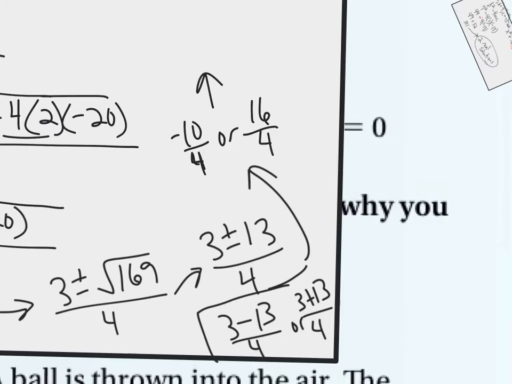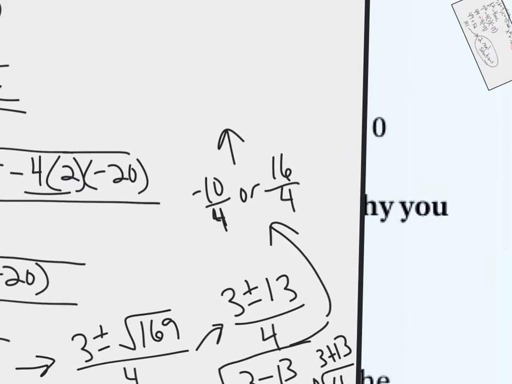I apologize, I'm kind of all over the place with this, but then if you divide that out, you could just reduce it: it's negative 5 halves or negative 2.5 if you want. And 16 divided by 4 is 4.